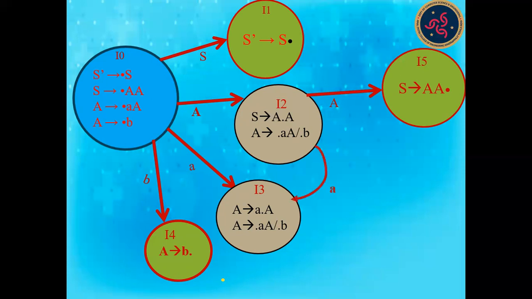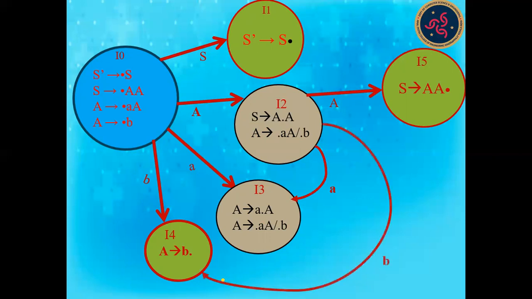Here, this A is read in this production. After reading A, the same thing is done here. Closure is applied here, the same in this case also. Here we have read a symbol B, right? So when B is read, what do you have to do? The dot symbol will move to the rightmost end, that is this state, right?